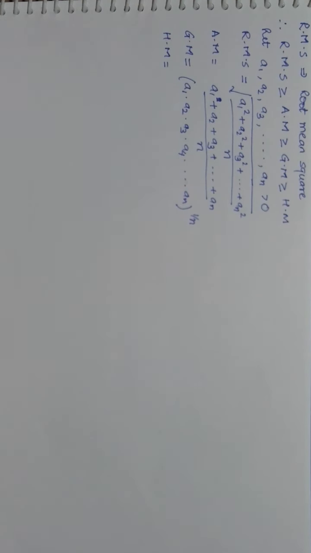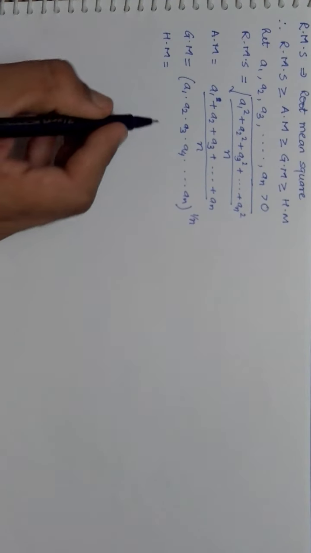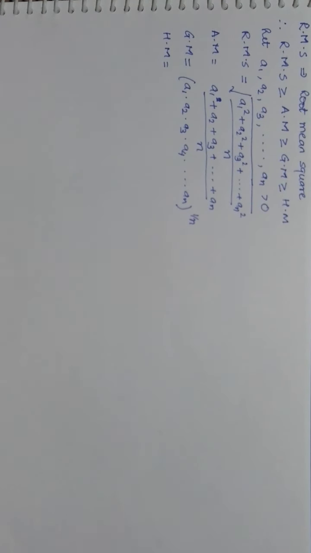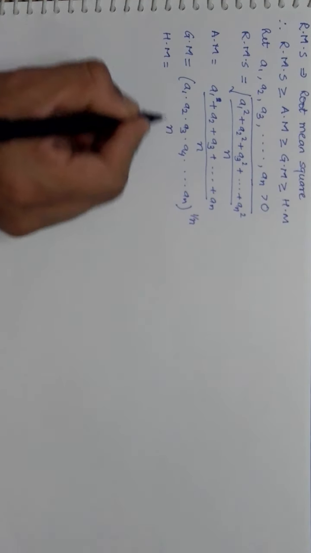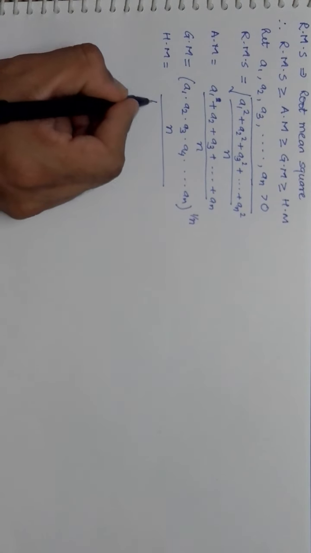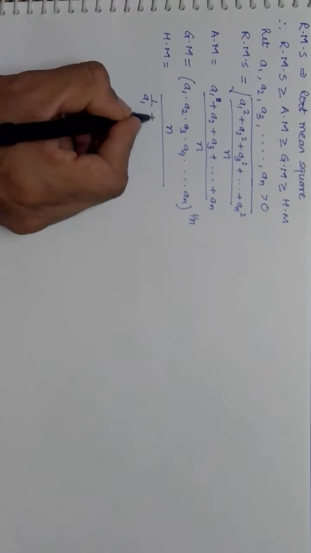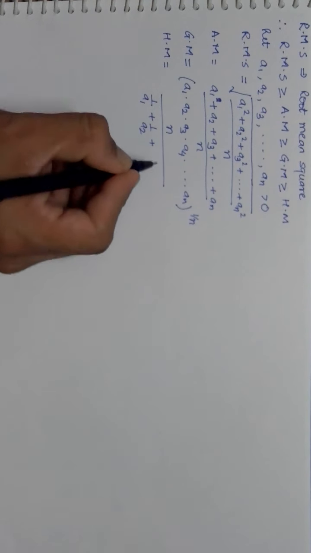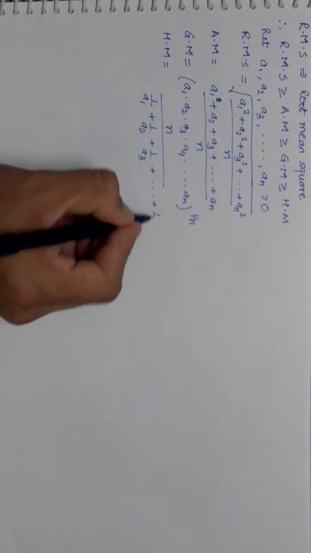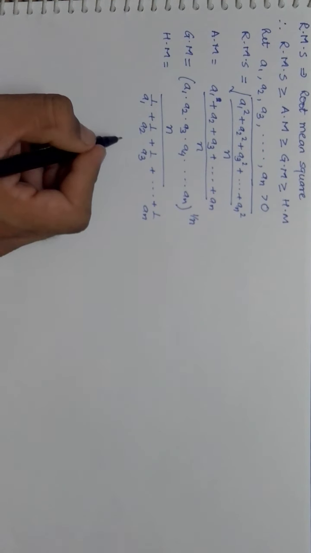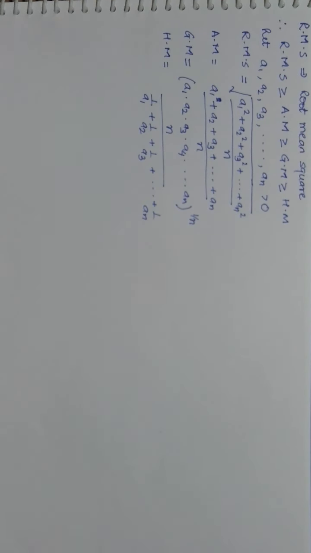If they are in AP, then solving it, for two numbers you will get 2AB upon A plus B. In general, it will be n upon 1 by A1 plus 1 by A2 plus 1 by A3 and so on up to 1 by AN.